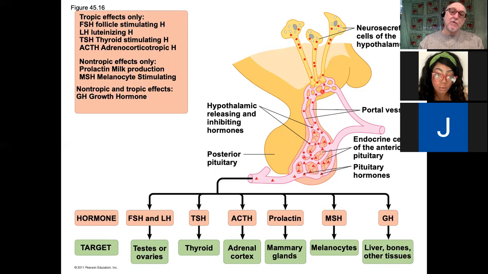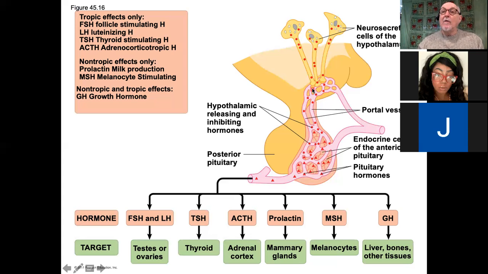They talk to the pituitary through a network of blood vessels, that is actually a portal system. I'll remind you, a portal system is a system where two organs communicate with one another without going through the heart. So in other words, this is a little circulatory system that runs between the hypothalamus and the pituitary.